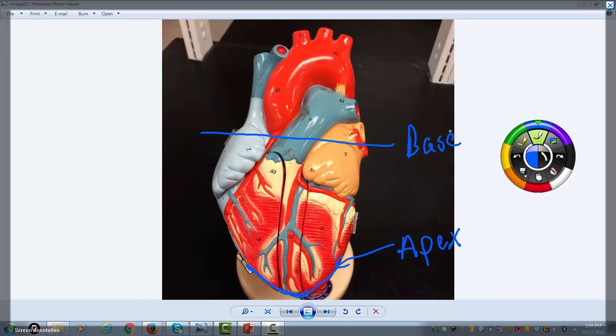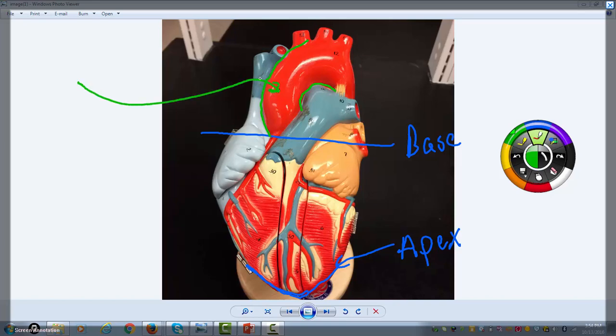So the heart sits tilted, so the apex of your heart is basically right underneath your left breast. So let's look now at some of the other anatomical features of the heart. You have this big giant vessel that comes off the left ventricle.